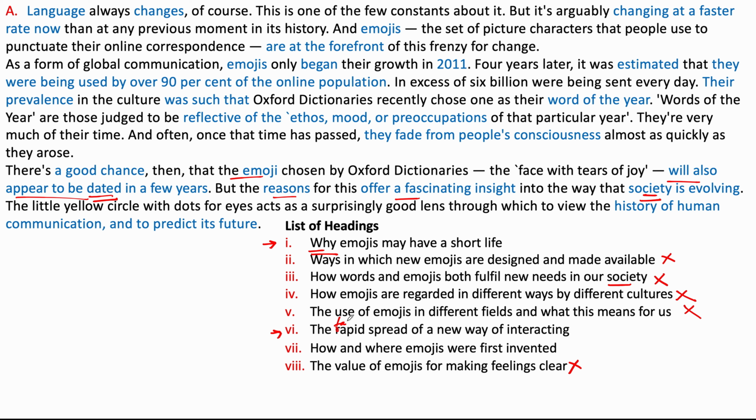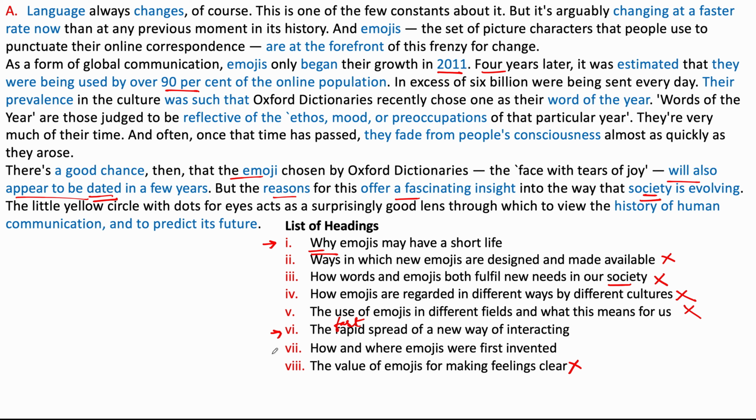Rapid means fast. So this heading means that the new way of interacting, that is using emojis, has spread very fast. We do have the mention of emojis beginning their growth in 2011, and in 4 years, 90% of the online population was using it. So, sixth is mentioned in the passage.